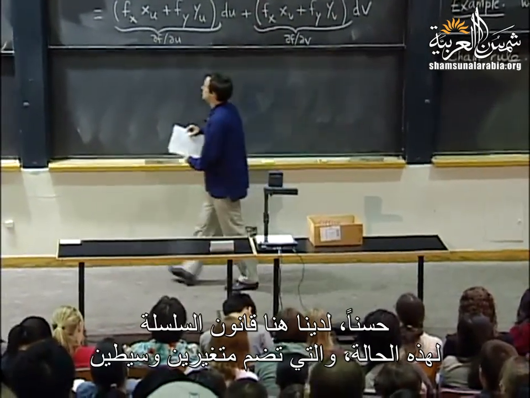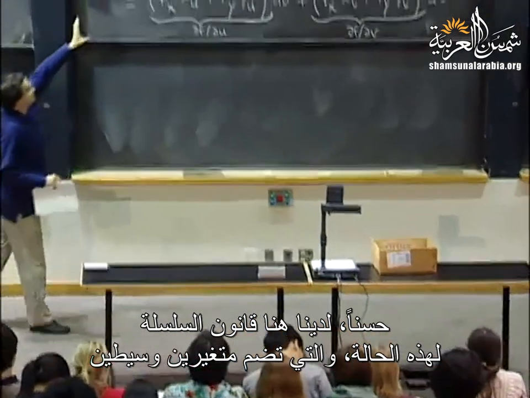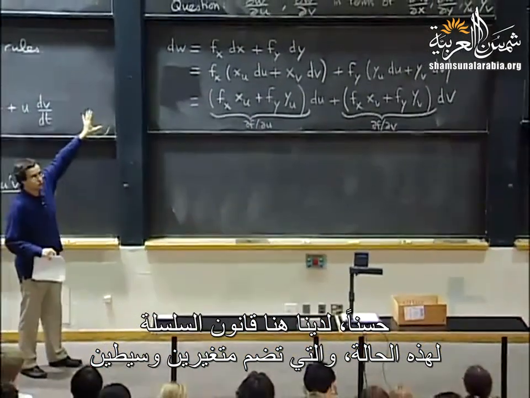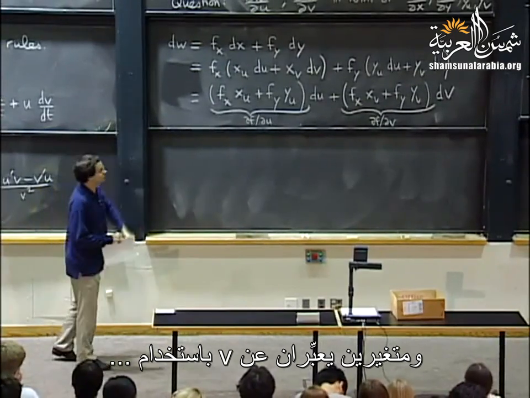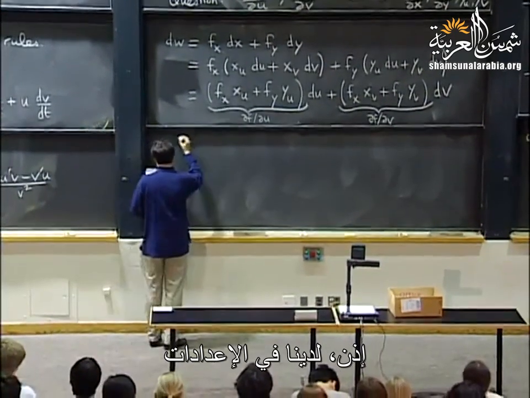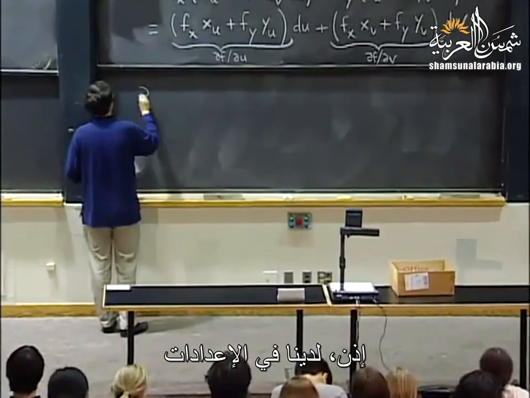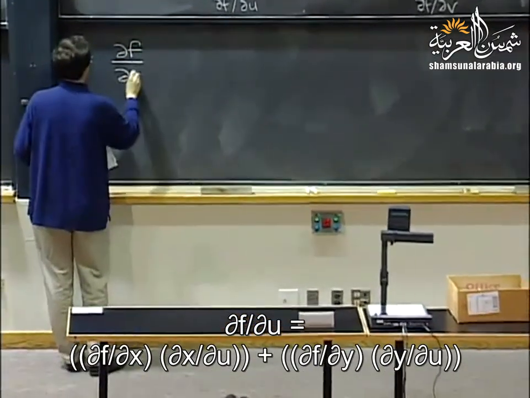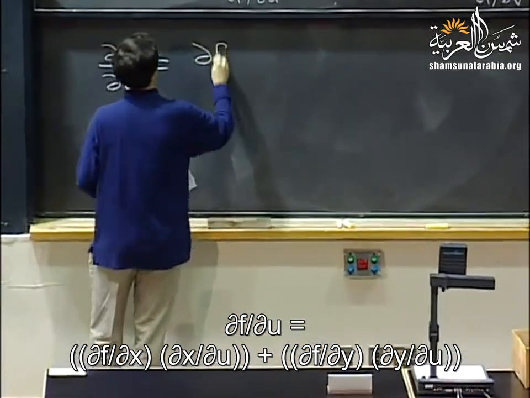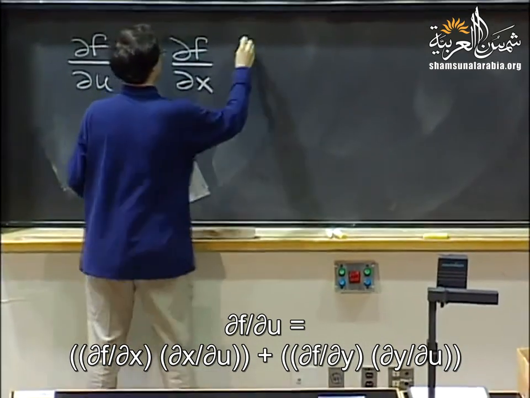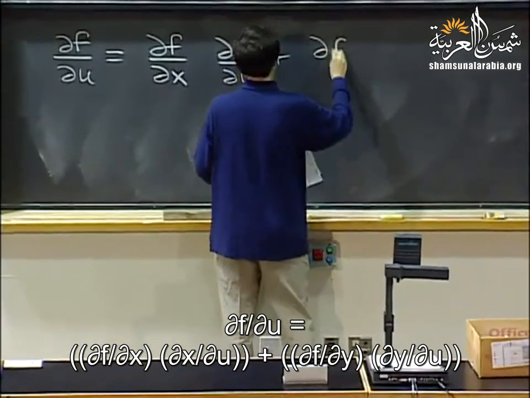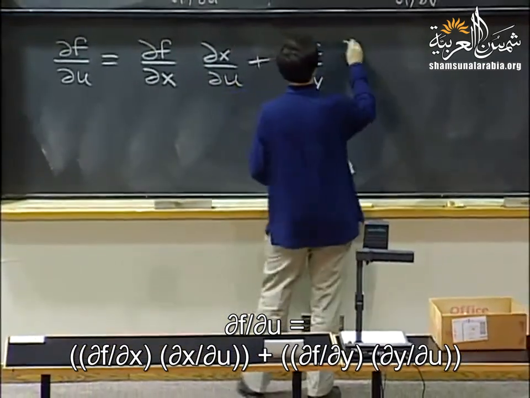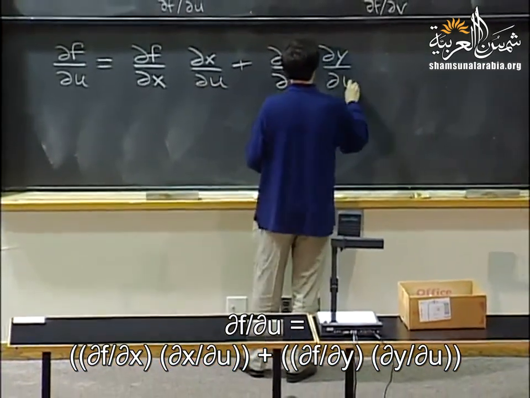Okay, so here's the chain rule for this situation with two intermediate variables and two variables that you express these in terms of. So in our setting, we get partial f over partial u equals partial f over partial x times partial x over partial u plus partial f over partial y times partial y over partial u.